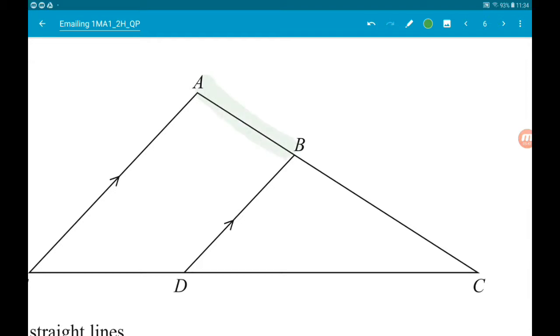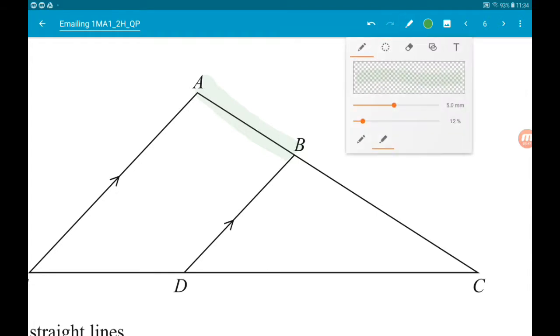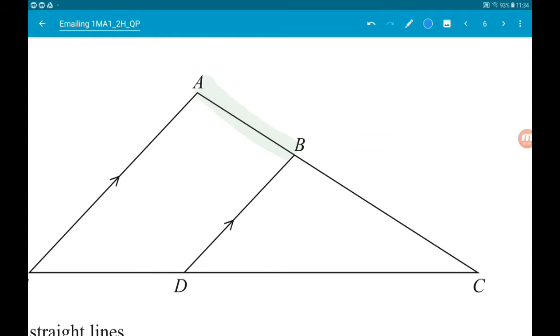So AB is AC minus BC. So we need to find BC.